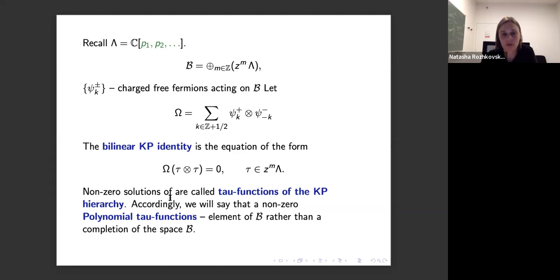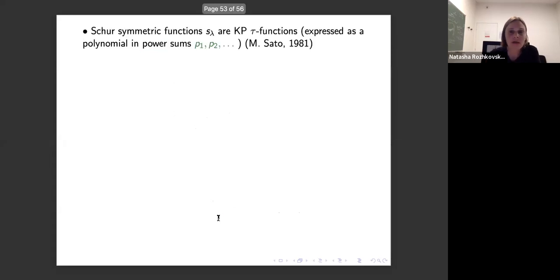So then it's called a polynomial tau function. An example of a solution is Schur symmetric functions s_lambda. This is the result of Sato. You have to express them as a polynomial in power sums, then it's going to be a tau function.